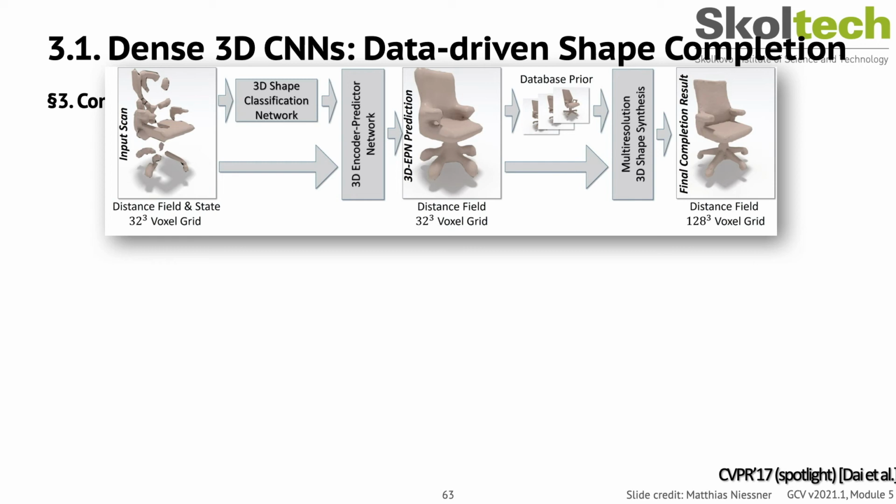And the result is the completed shape. By adding another database prior, the result can be further refined by a multi-resolution 3D shape synthesis architecture that keeps more detail in the shape by also increasing the resolution in the underlying voxel grid.